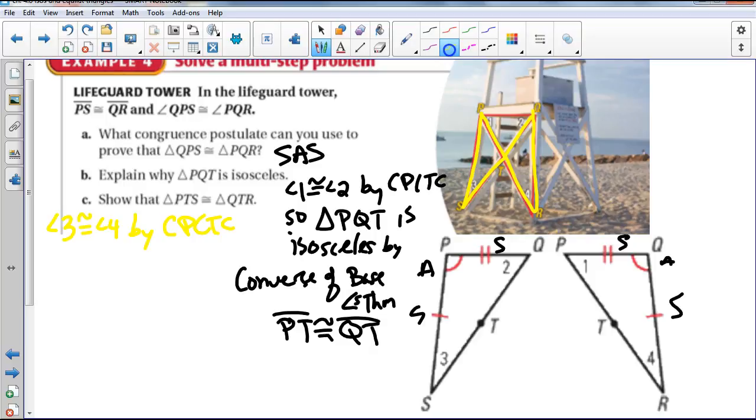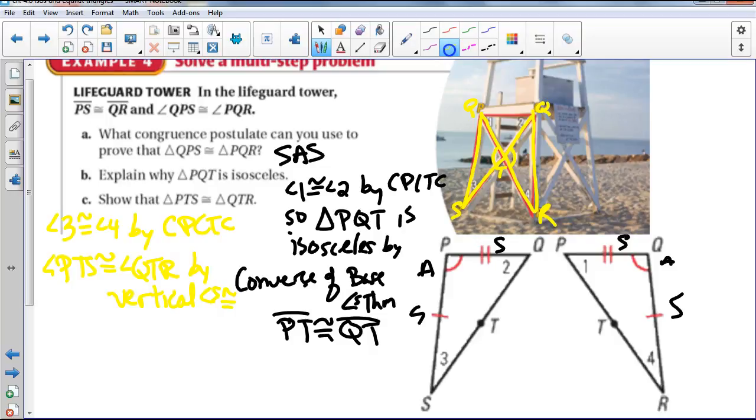And we know that this angle and this angle are congruent by vertical angles. This was T, S, R, Q, and P. We know that angle PTS is congruent to angle QTR by vertical angles, congruent.